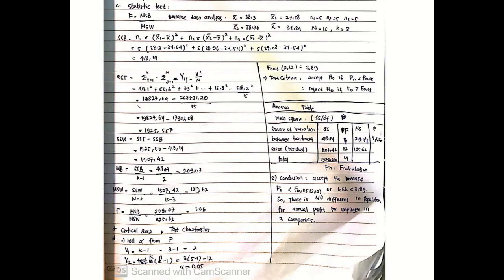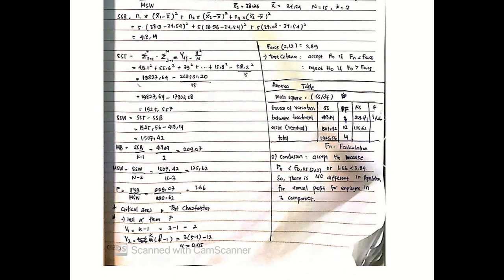Then we continue to F, whose formula is MSB divided by MSW, and we get F equals 1.66.